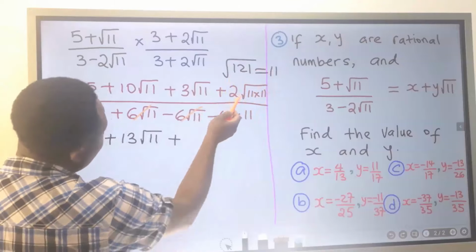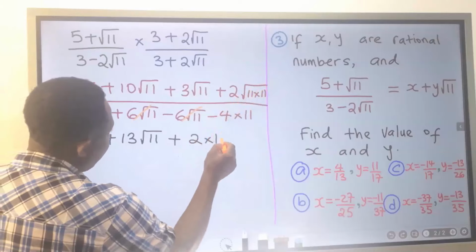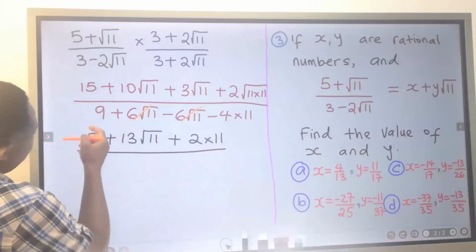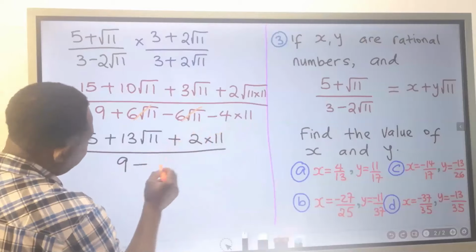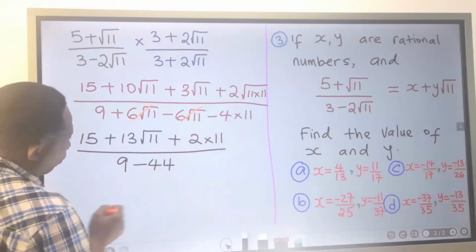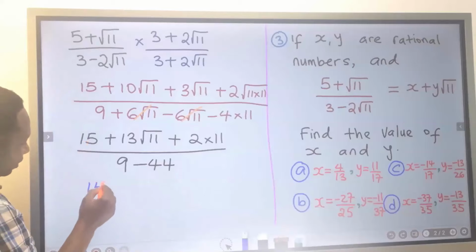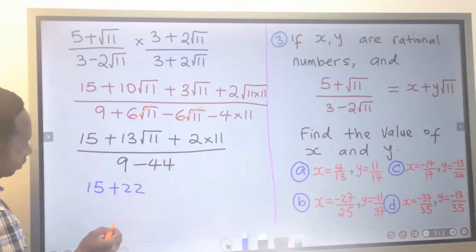This will become 2 times 11. Here is 2 multiplied by 11. At the denominator, this is 9 minus 4 times 11 is 44. Next, here we have 15. This is plus 22.